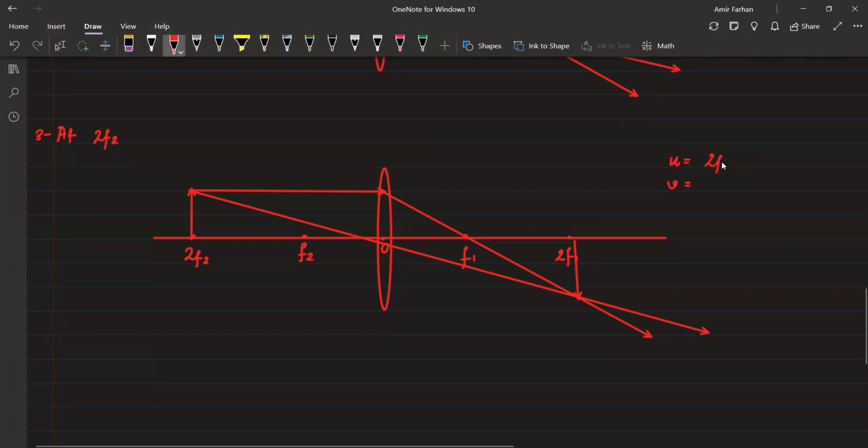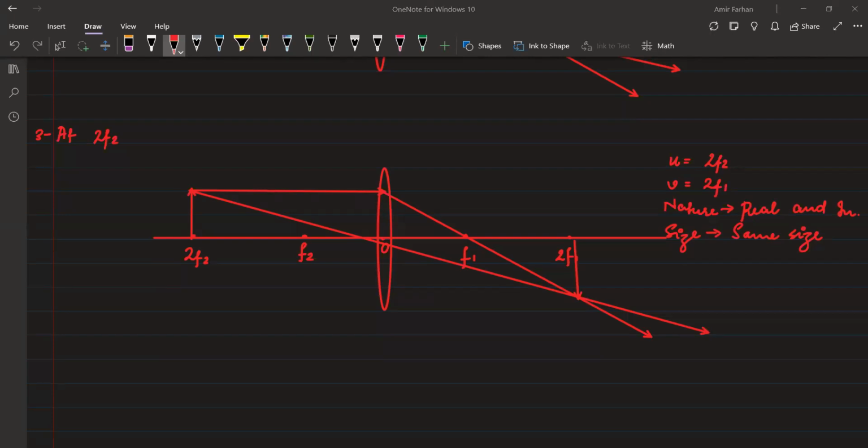Is this clear to all of you or not? Any doubt so far?